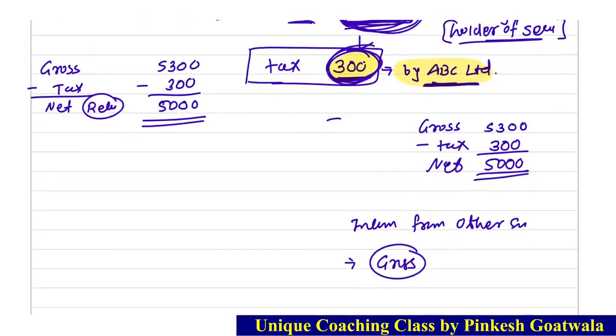But one more important, if in this type of question, in case of tax free security, suppose they give like this 10% tax free debenture 5 lakh. Okay, so here what happen?